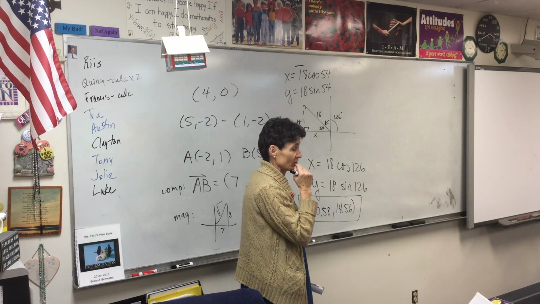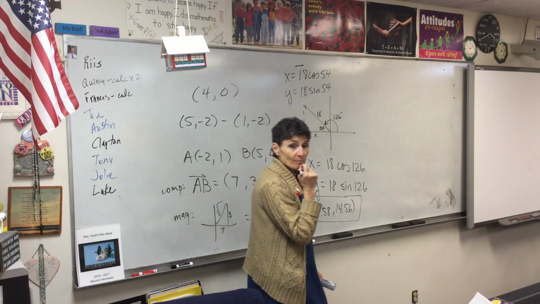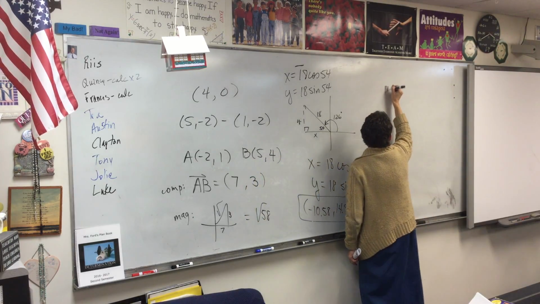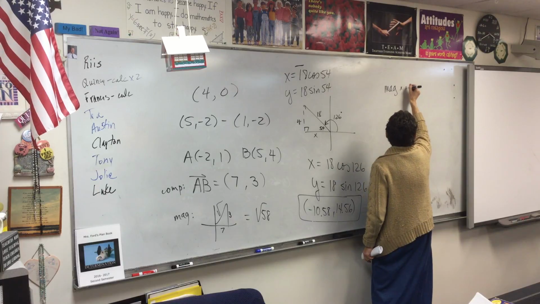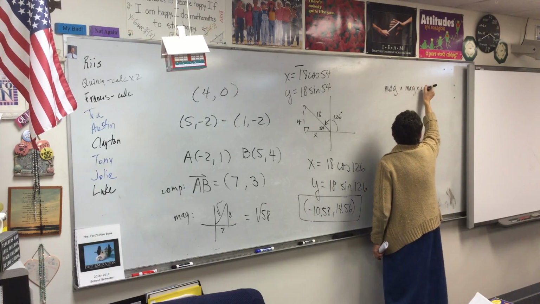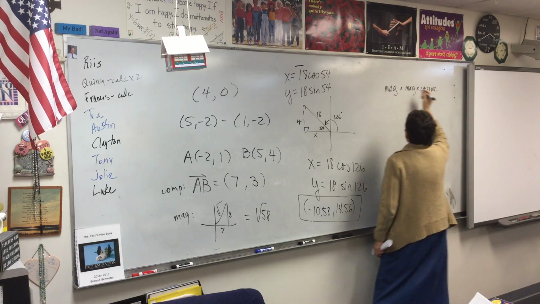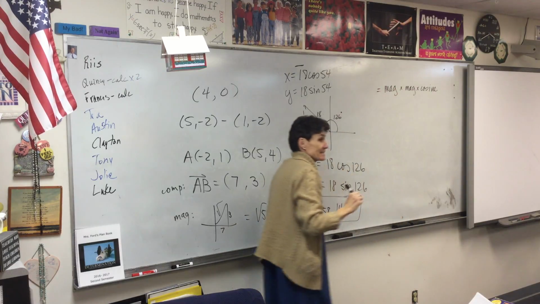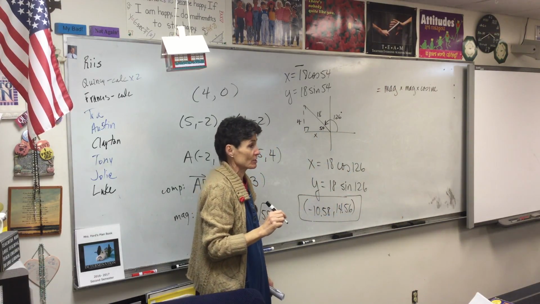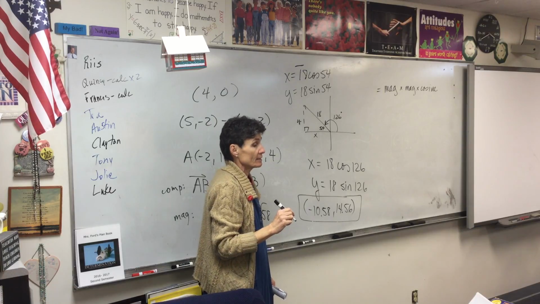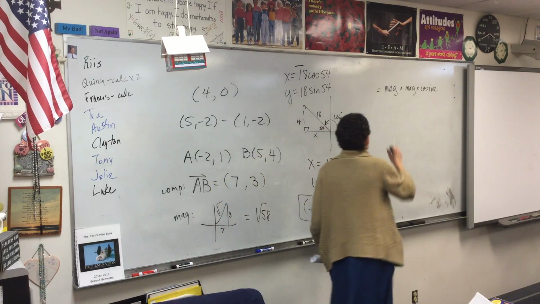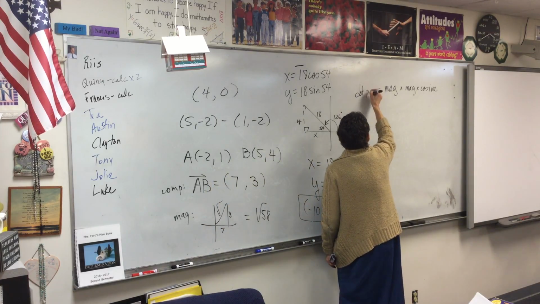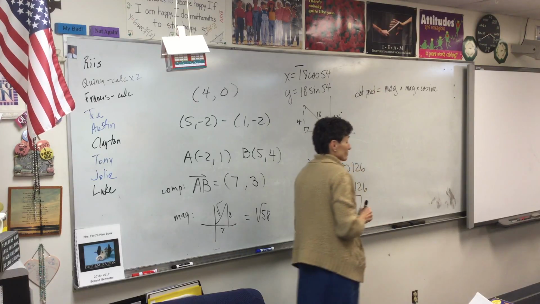That would be arc length. It involves magnitude times magnitude times cosine. And what does that equal? It's set equal to a number. What is the number that's over there? The dot product.